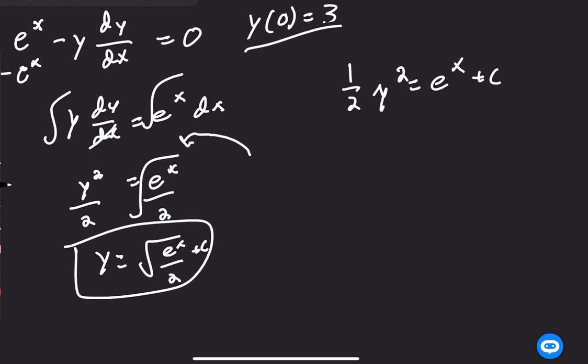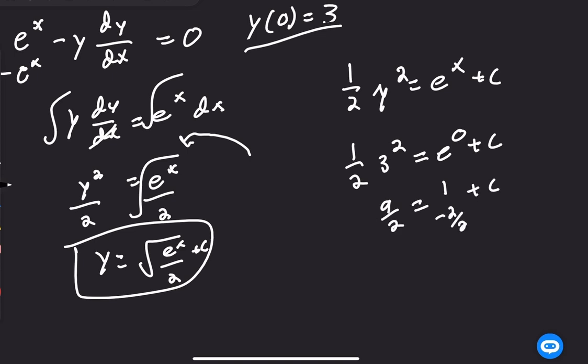So we will get 1/2 times 3 squared equals e to the 0 plus c. E to the 0 is 1. 9 over 2 equals 1 plus c. Subtract 2 over 2, because that's 1, and you'll be left with 7 over 2 equals c.